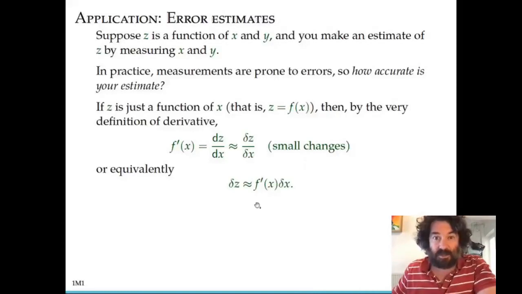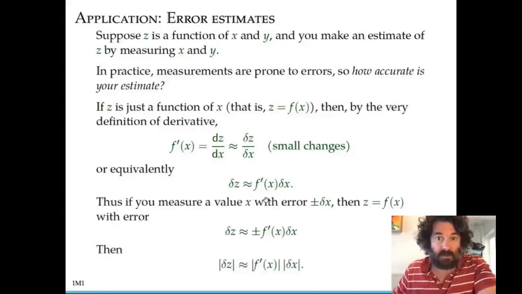The small change in z is approximately the derivative of z with respect to x, or f prime of x, times the change in x. And so if we have, say, a small error in x, we can say delta x is that error. So say we measure x, and we know that the error is about plus or minus delta x. Then we would estimate the error on z based on this formula.